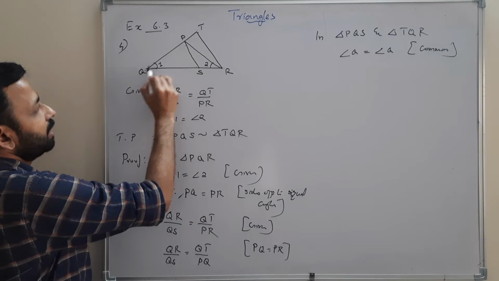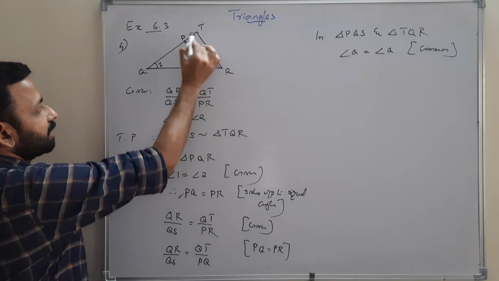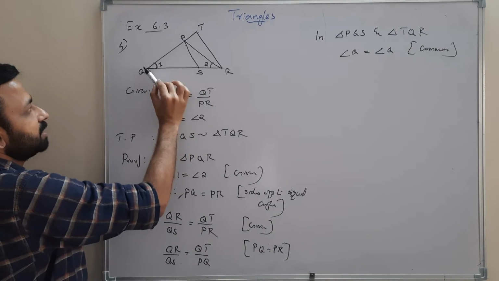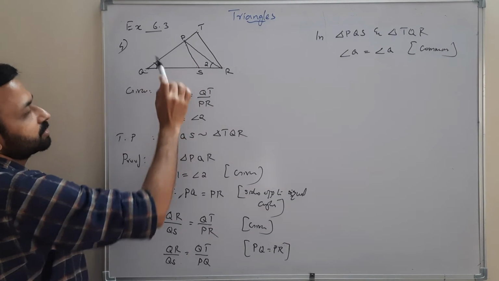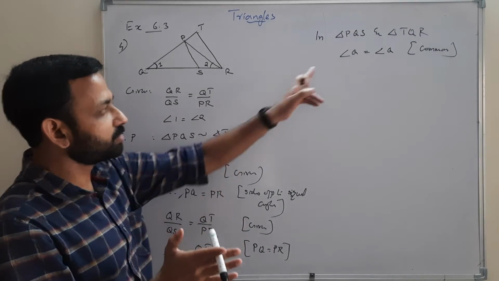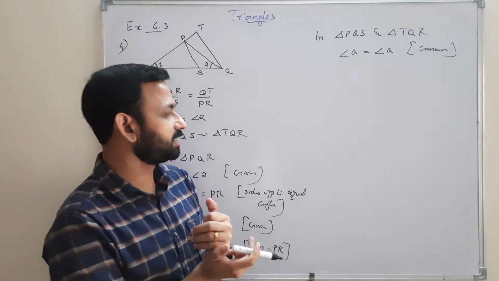So when we take triangle PQS and triangle TQR, the angle is common, then QR upon QS is equal to QT upon PQ. So the corresponding angles are equal, and the included sides are also in the same ratio.